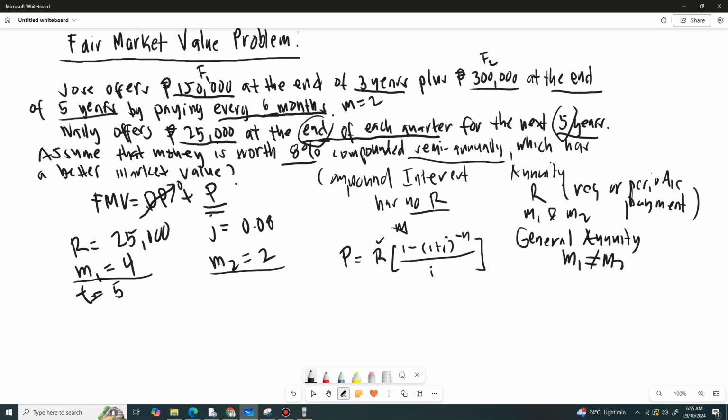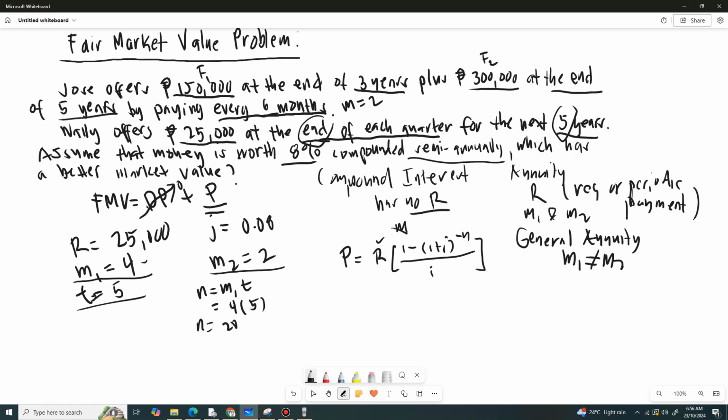And then N. So, let's compute N. N is equal to M1 times the time, where M1 is 4, 4 times 5. Therefore, N is 20.